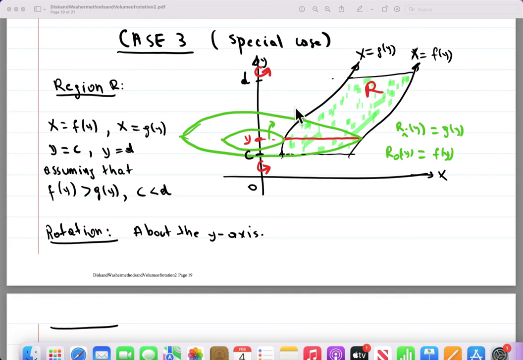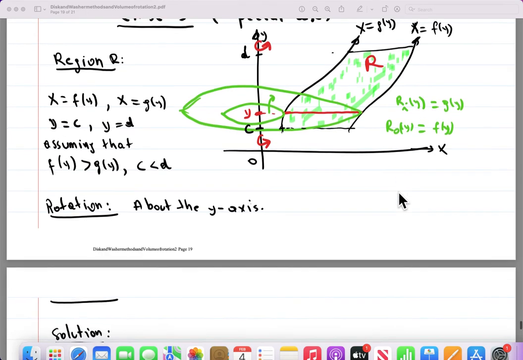So you have g of y minus 0, which just gives you g of y for the inner radius. The outer radius is the distance from this point to the line of rotation. At this point, that's the function f of y minus 0, which gives us f of y for the outer radius.